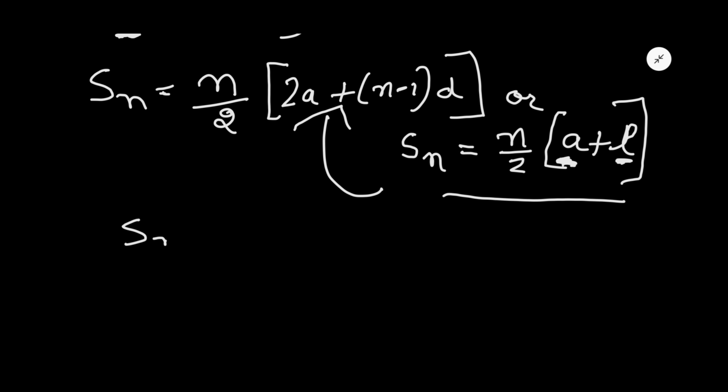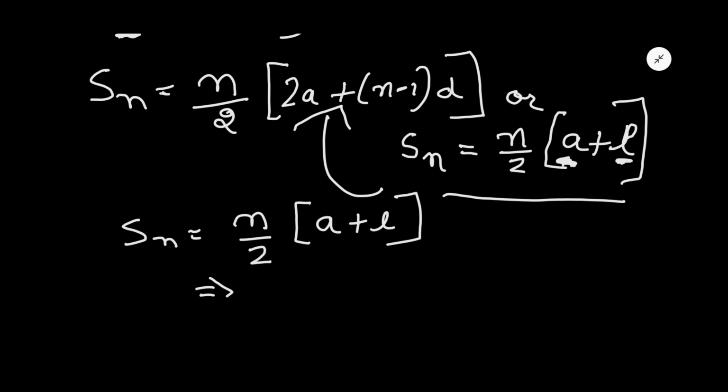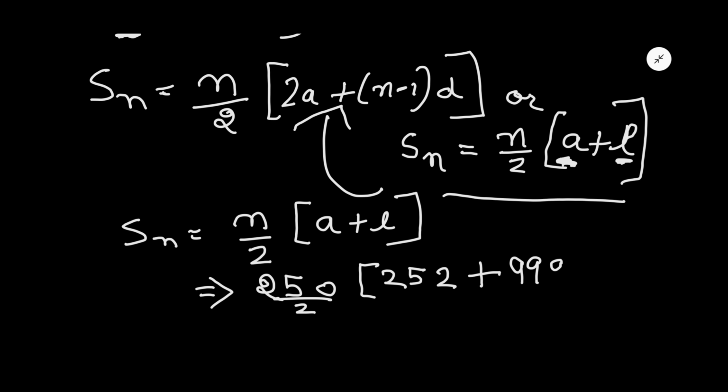So here Sn is equal to n by 2 into (a plus l), and we already found n is 250 divided by 2. Our first term is equal to 252, and our last term, which is also known as the nth term, is 999.